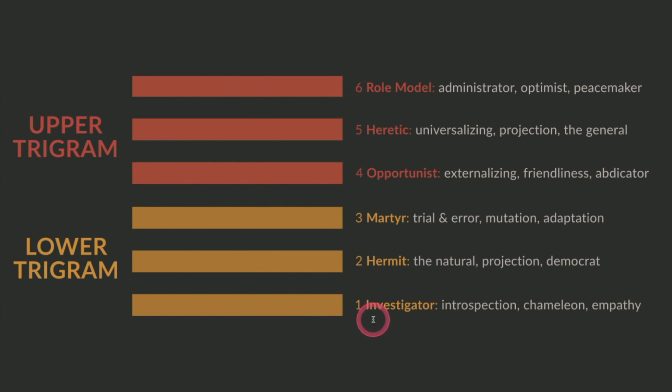And the 6 roles are the investigator, the hermit, the martyr, the opportunist, the heretic, and the role model. And it's kind of a hierarchy. There's a movement that goes from the first line up to the 6. And the roles have a resonance with the structure of the hexagrams.